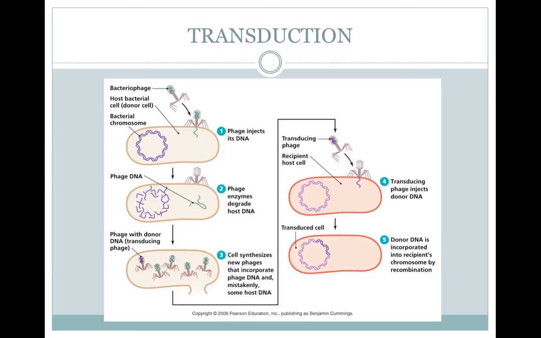The bacteria is forced to make new viruses, but instead of a virus forming with the original viral DNA, it inadvertently picks up a piece of the bacterial DNA. So when that virus moves to a new bacteria cell, it will inject a piece of the previous bacterial cell into the second one. The other bacteria's DNA becomes part of the new bacteria's DNA, and you wind up with a recombinant bacteria.